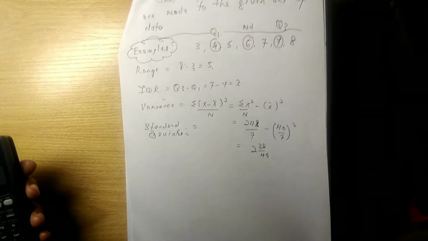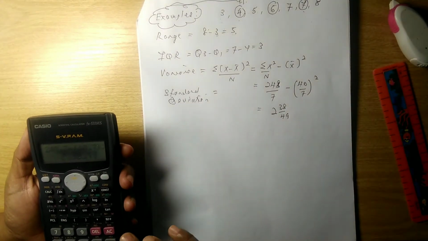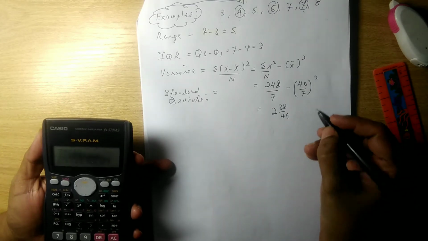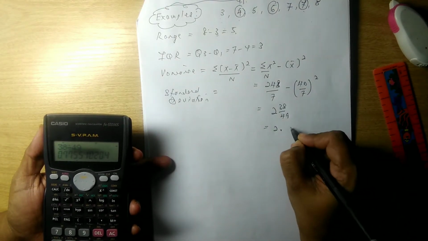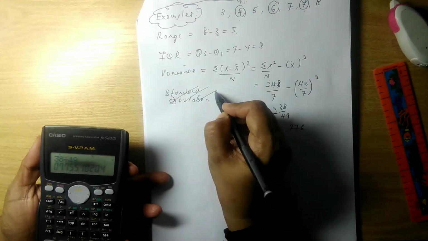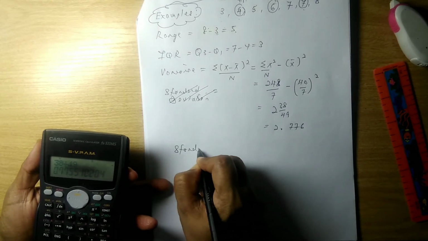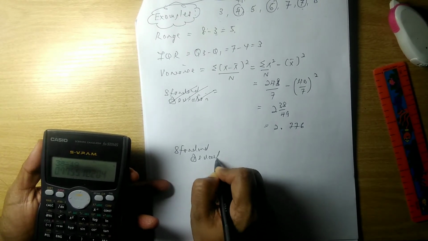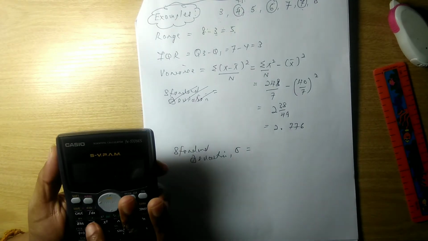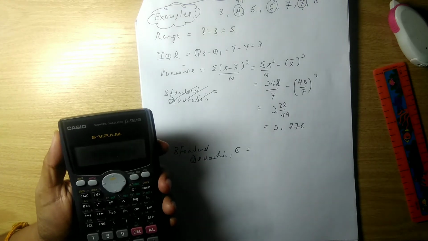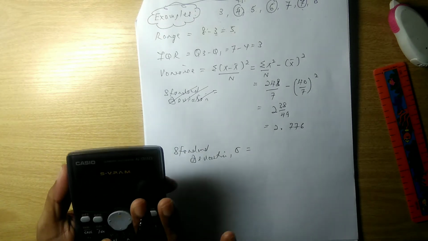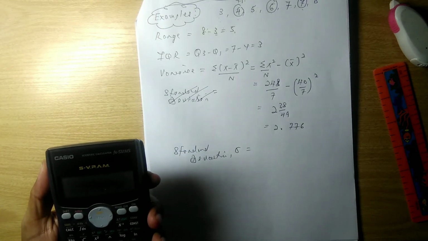So that means this is actually 2.776. My standard deviation sigma becomes the square root of 2.776, so we get 1.666.